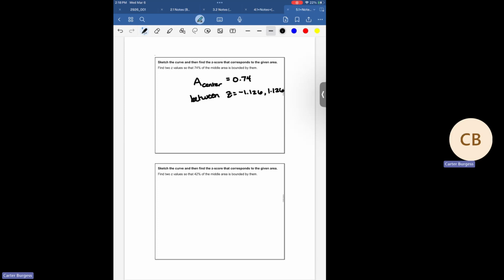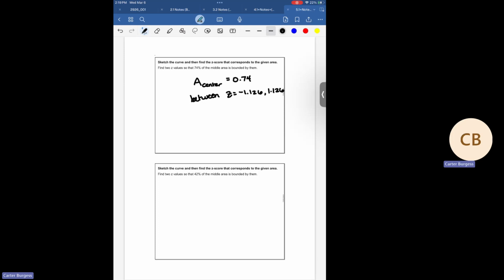All right, questions with the area functions on our calculator? 5.4 or 5.5? Any questions? Feeling okay?